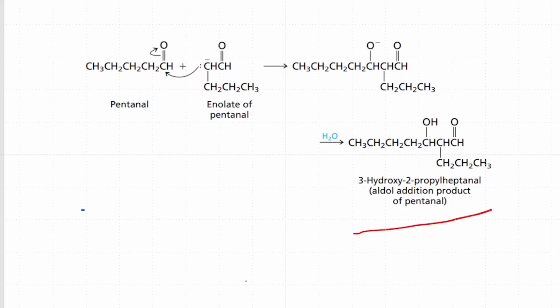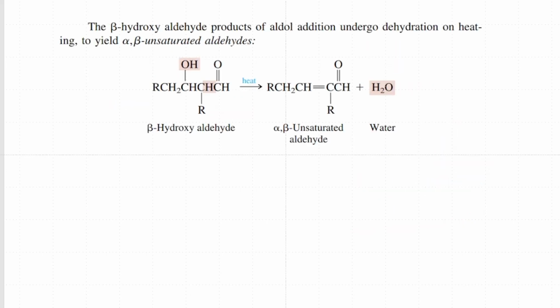But the story doesn't end here. What invariably ends up happening is that these beta-hydroxy aldehydes have a tendency to lose water and produce an olefin. What is fairly well known, and we have discussed this previously as well, is that there's a dehydration reaction which can give you an alpha-beta unsaturated aldehyde.